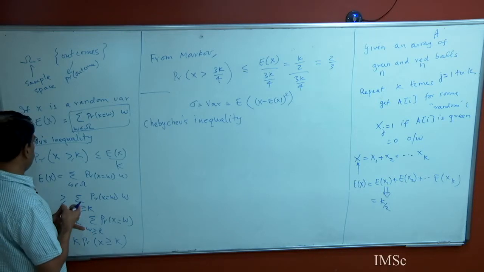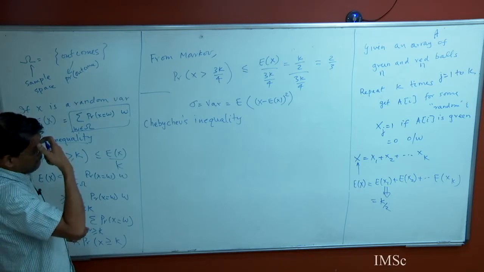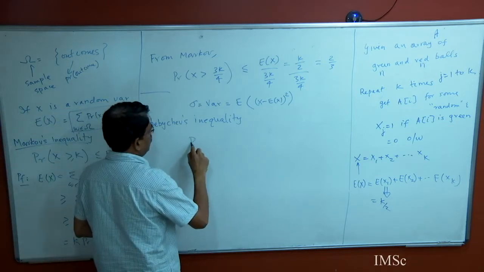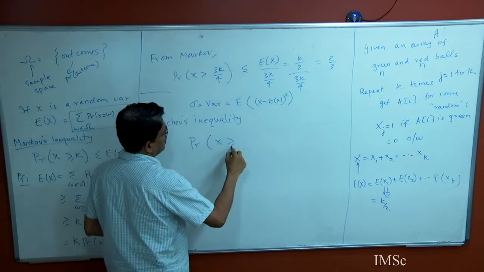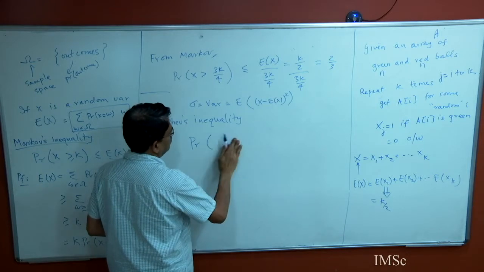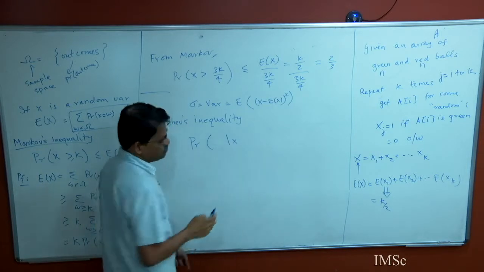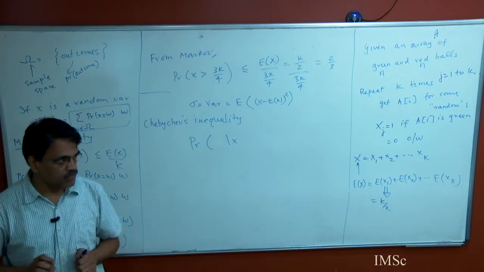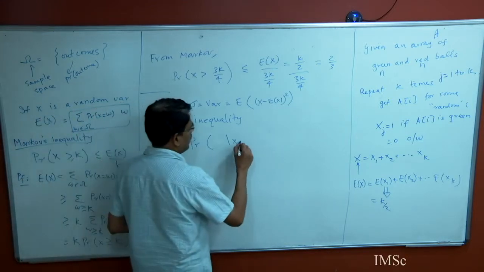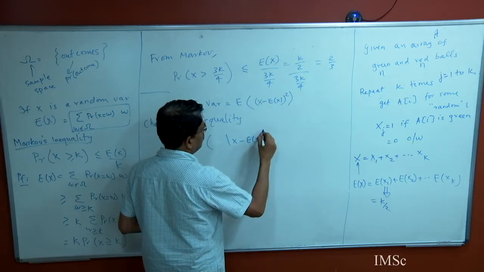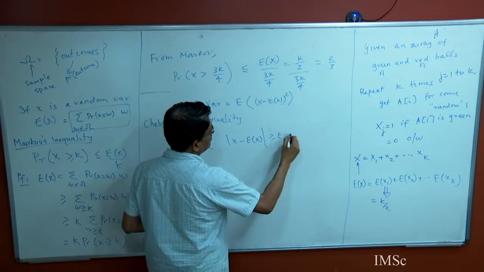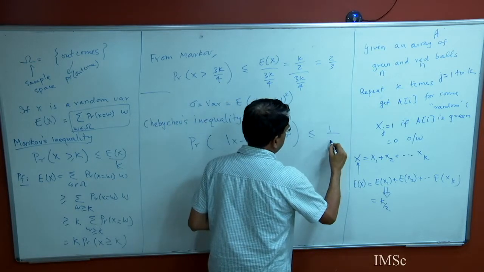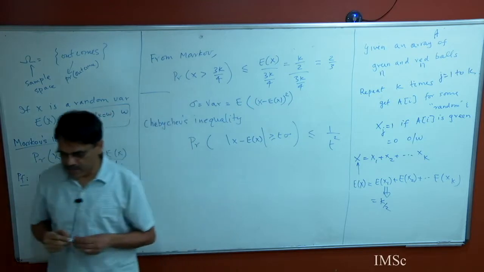Then Chebyshev's inequality tells you the probability that the absolute value of x minus E[x], right, is greater than or equal to t times sigma is less than or equal to 1 by t square, something like this.